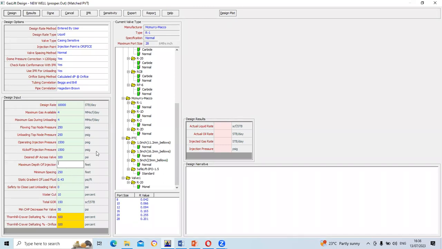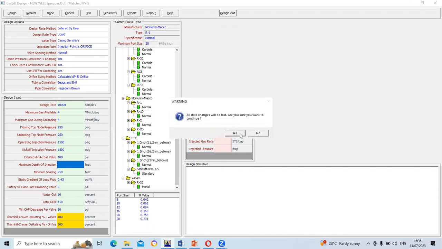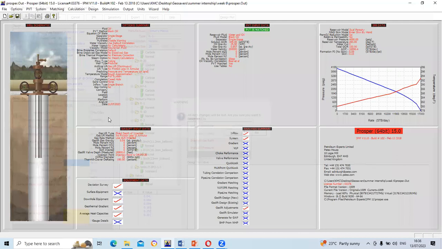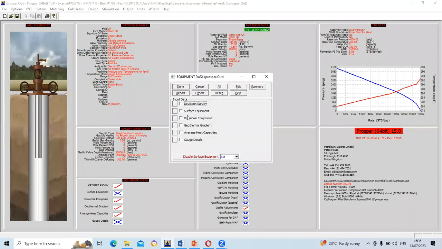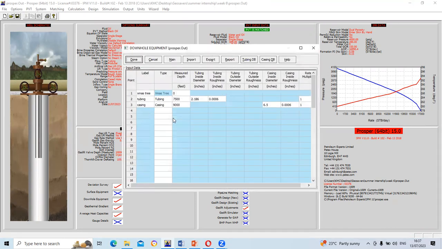Oh, there's an issue. We did not change these parameters. I did not change all of these deviation parameters. So it shows that that's where the problem is coming from. The data is not matching because this deviation parameter that we have here, the downhole equipment, all of this is for the data that we had yesterday. So we have to change all of this.